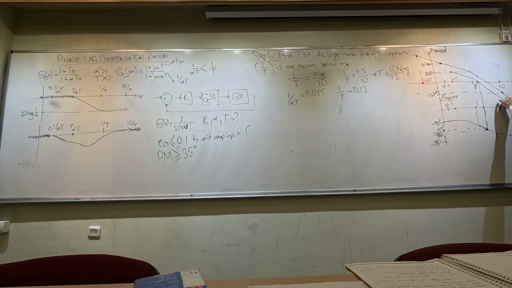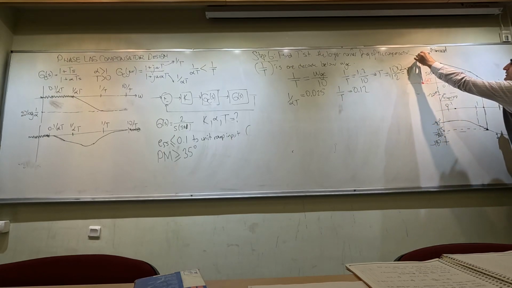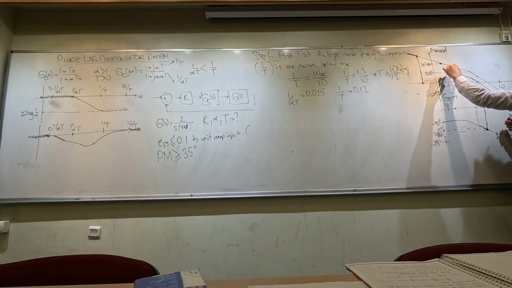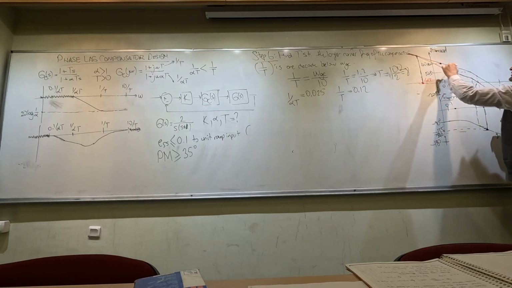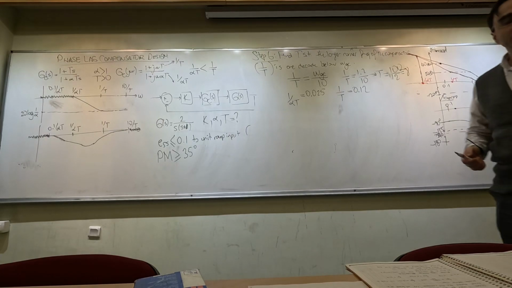This is the compensated system magnitude, and this one is matching this magnitude here, and in between it is going to be deviating from the actual system magnitude. This red one here is the compensated Bode plot of the open loop system.